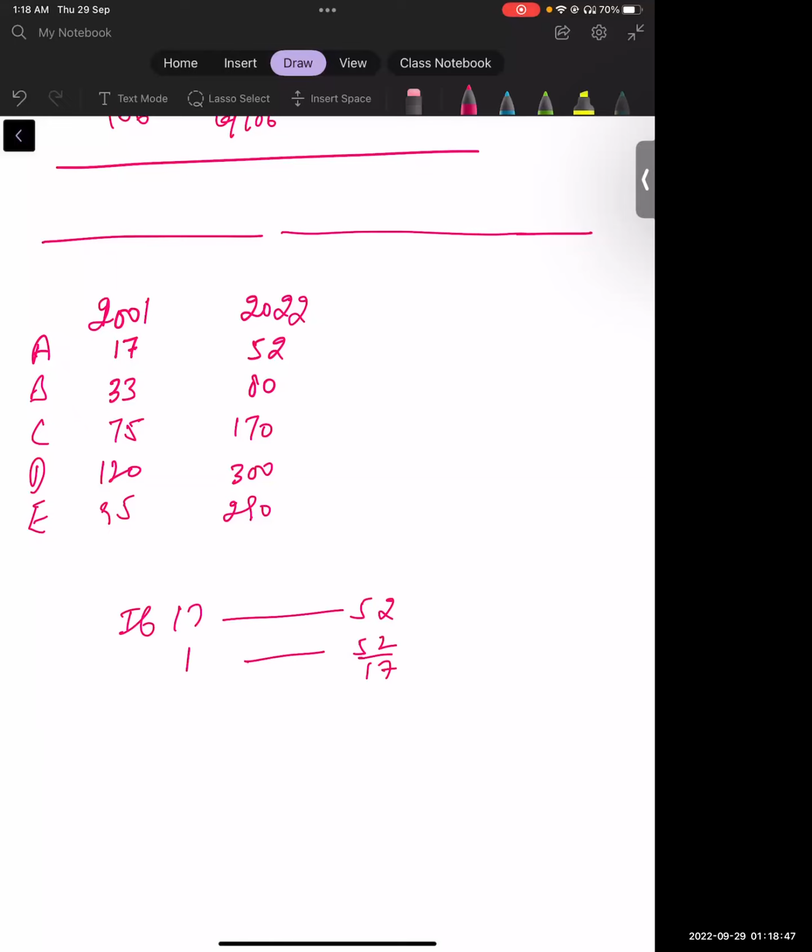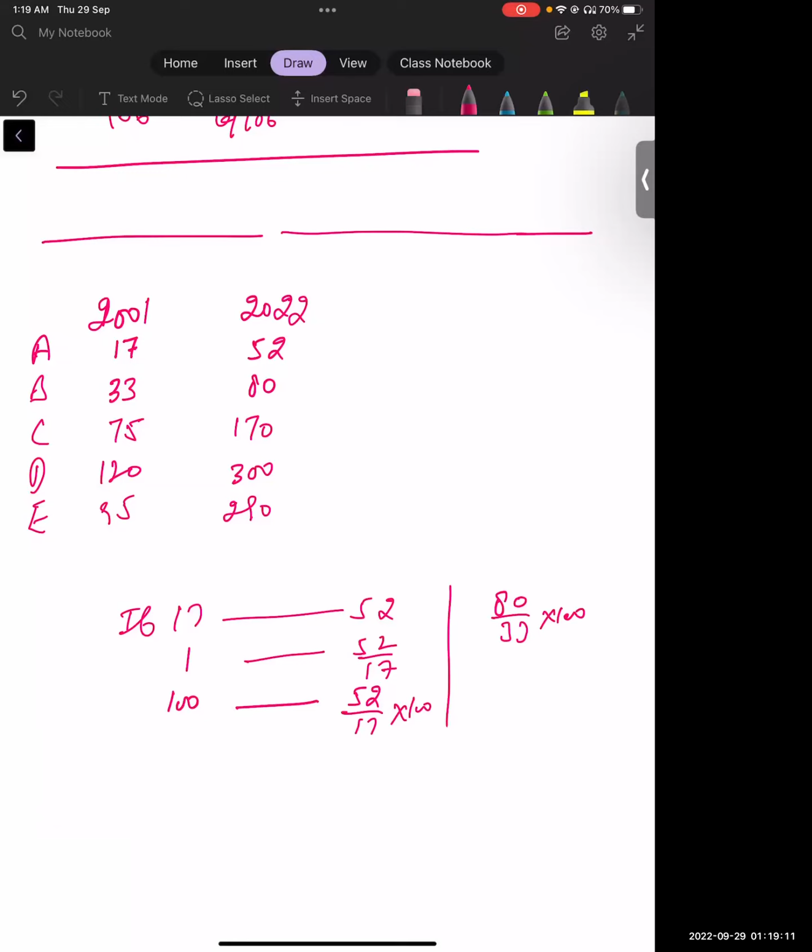That means a 17 rupee good has become 52, then a 1 rupee good should have been 52 by 17. What about a 100 rupee good? Into 100. Similarly, for this, I will do 80 by 33 into 100.